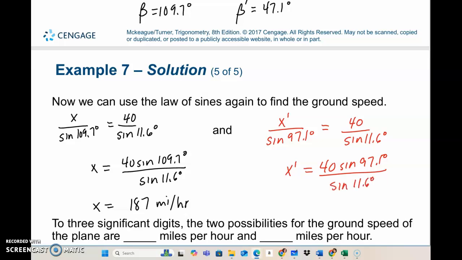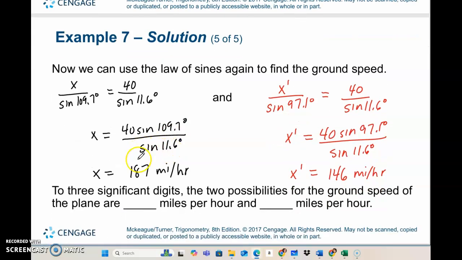And then put this in your calculator, and you should end up with 146 miles per hour. So those are my two answers. And the reason why I wrote 187 and 146 is because I was sticking with three significant digits.